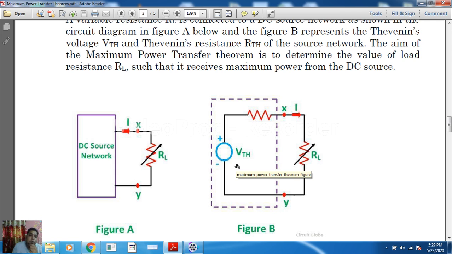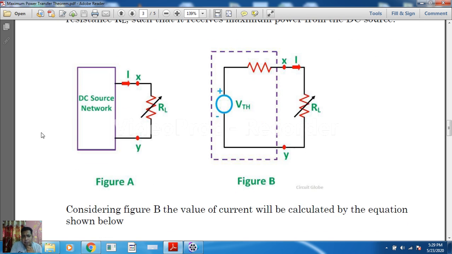But from where have we got this concept? There should be some logical, mathematical derivation. So now we are going to do that. From where have we got this concept that when RL is equal to RTH, at that time maximum power will be delivered? For that, see here two figures are there.